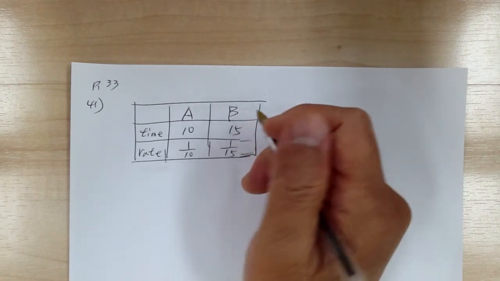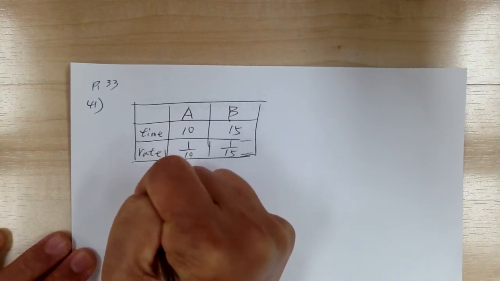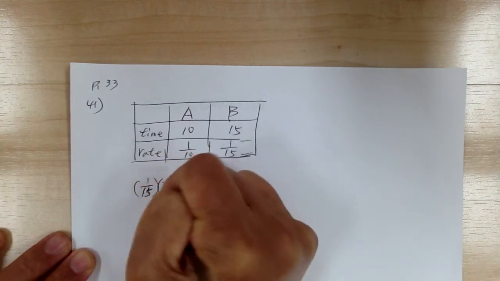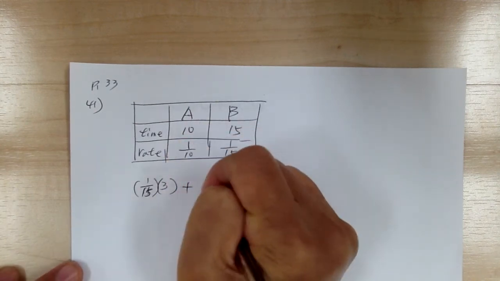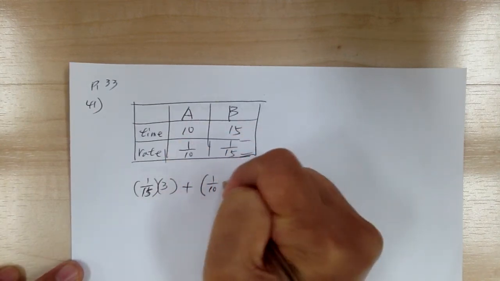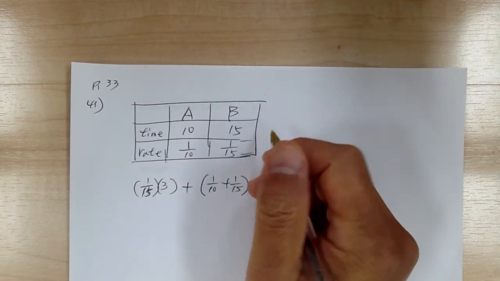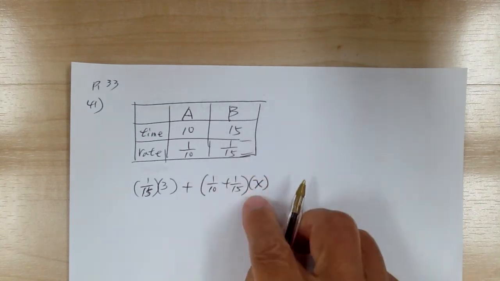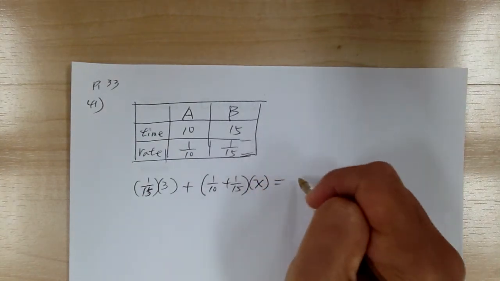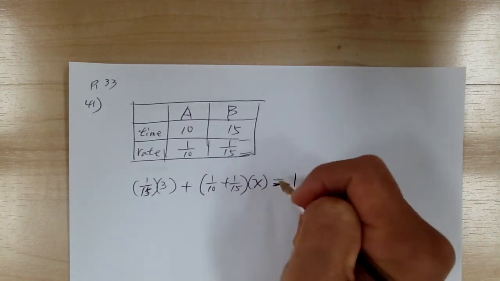Now go back and translate. It says after Brenda works for 3 days, so 1/15 times 3 days, and Adam and Brenda work together, so plus, they work together to finish the job. So times the number of days, that's x, and equal to 1 job. This 1 means 100% of the job.